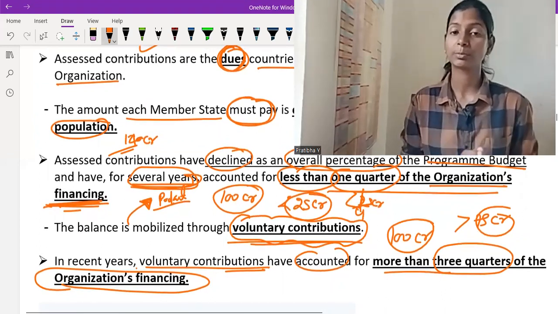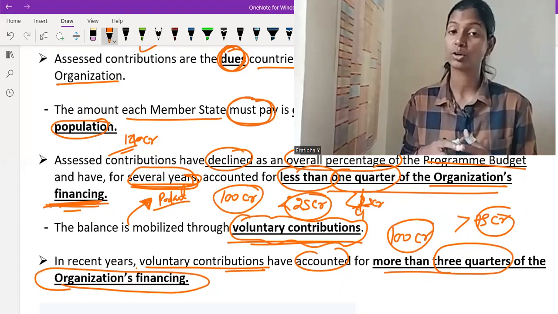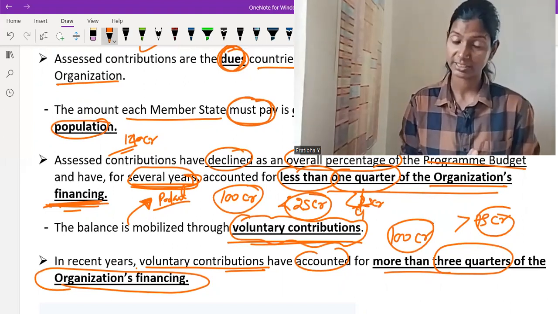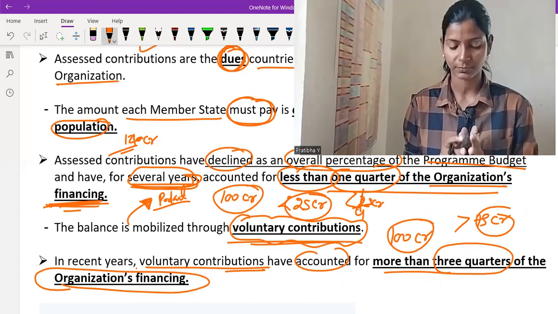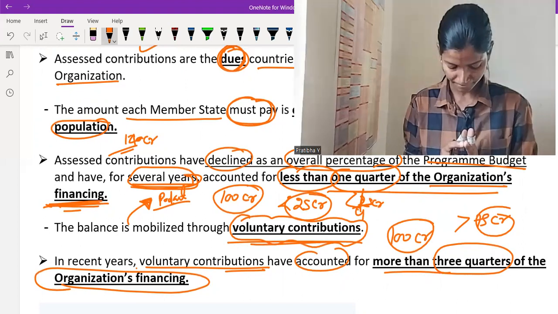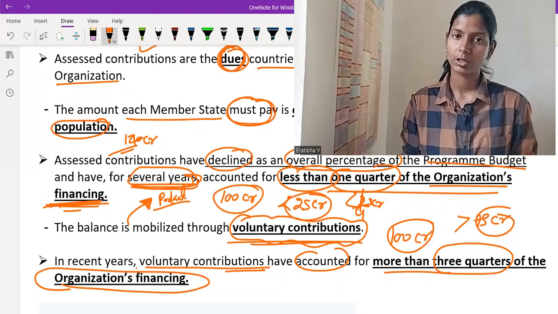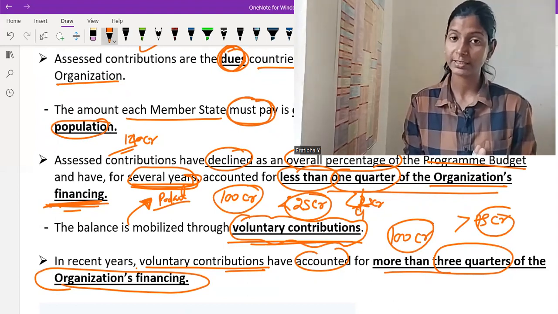So this is important because when countries contribute, then WHO launches programs in an efficient way, on a larger scale, and in a very sophisticated manner. But if contribution is less, then it can face the problem of a fund crunch. So why is SS contribution important?